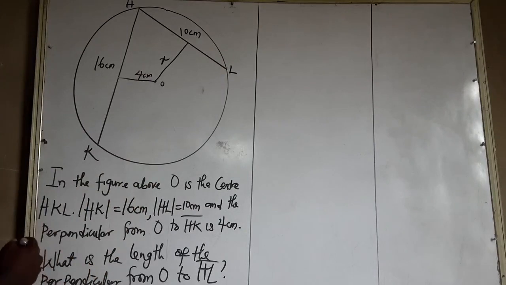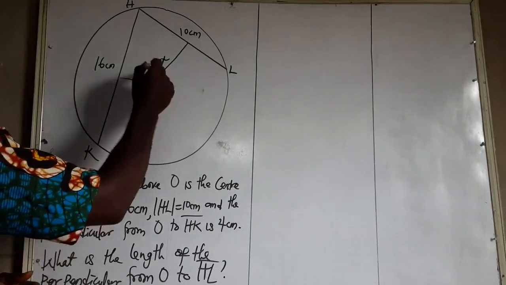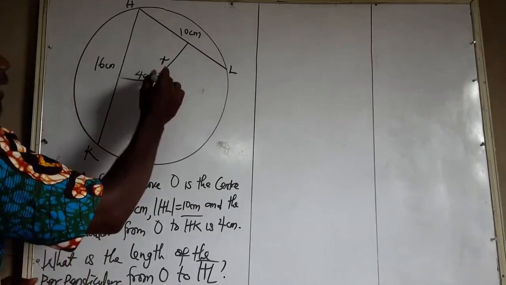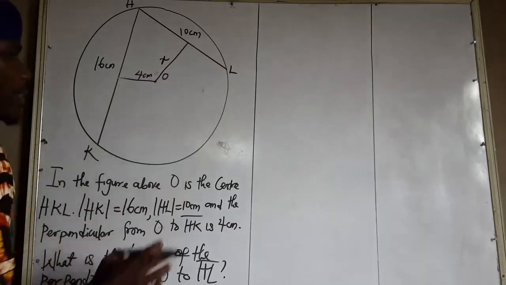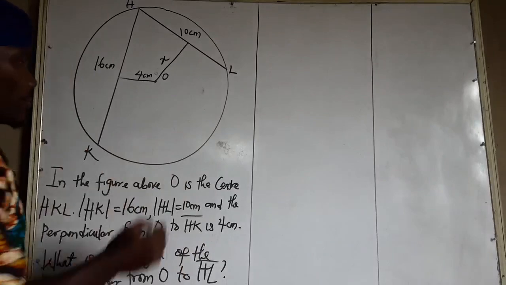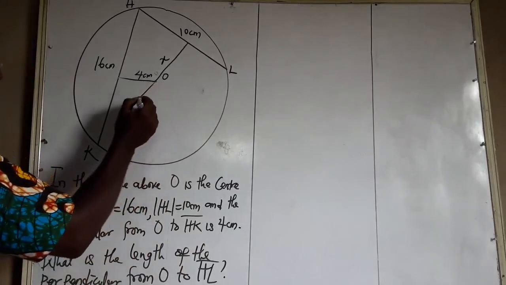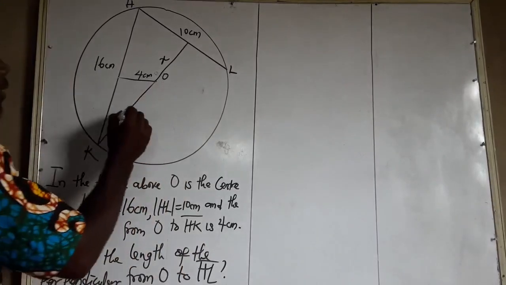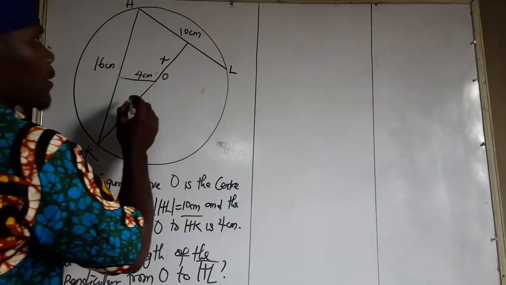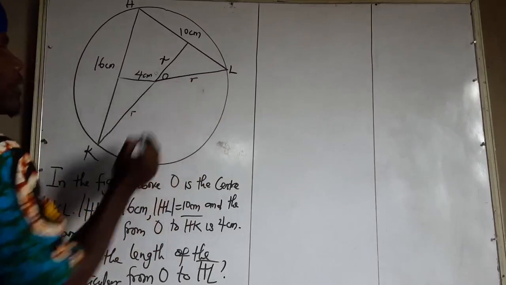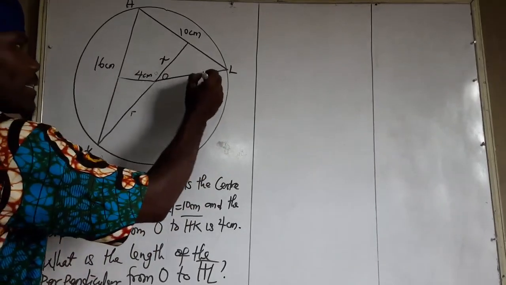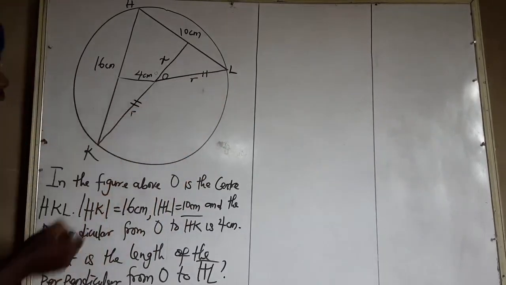The first thing to consider is that any line you draw from the center O to touch the circumference is called a radius. So let's draw this line and call it a radius. Let's also draw this other line, also a radius. They are equal.